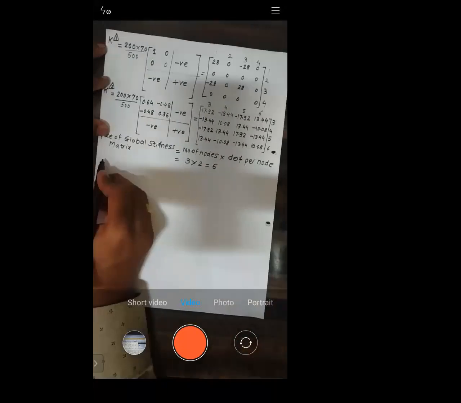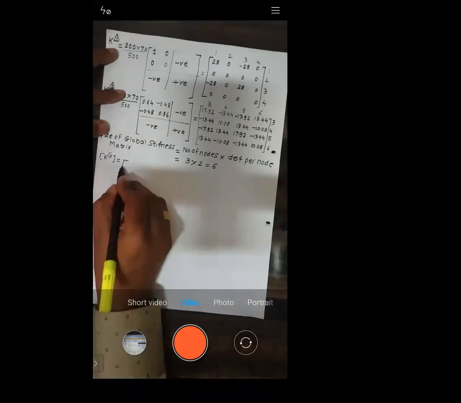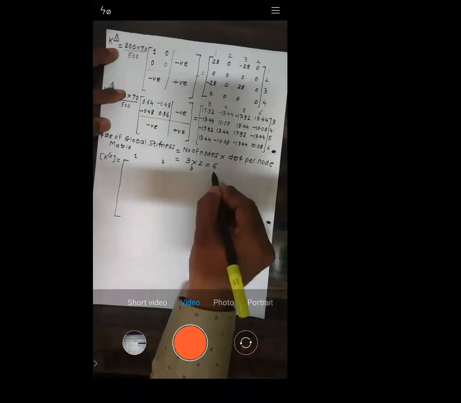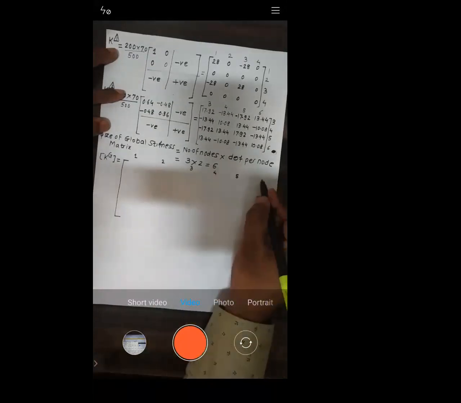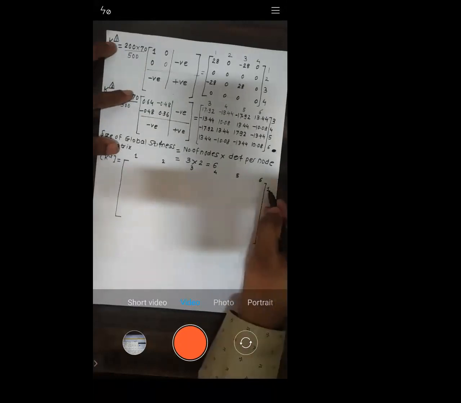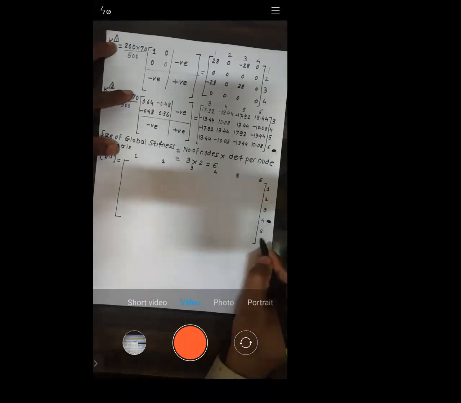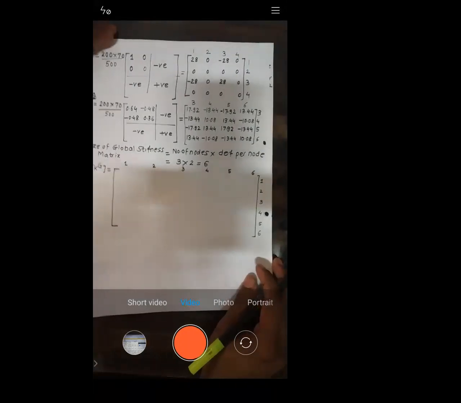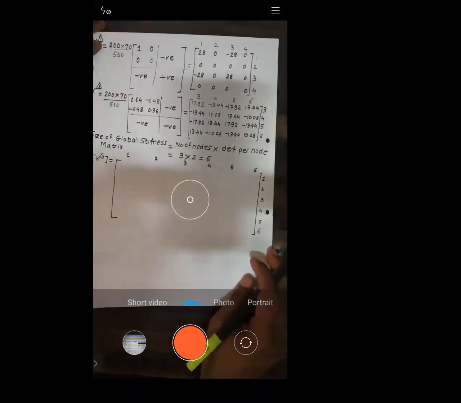Okay, so this global stiffness matrix we always indicate by Kg. We should form it now, right? This is 1, this is 2, 3, 4, 5, and this is 6, right? Again 1, 2, 3, 4, 5, and 6, right? Now we need to just pick the element stiffness matrices and place them in the global stiffness matrix.